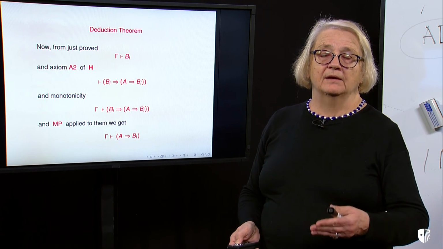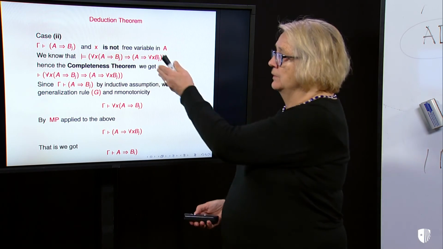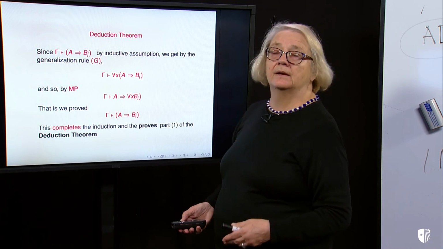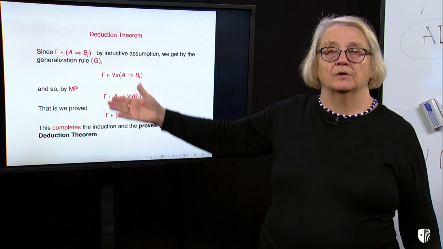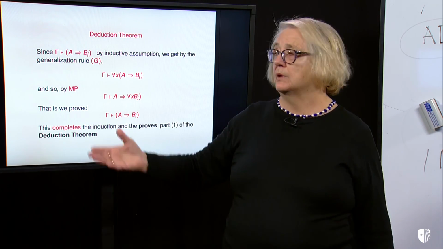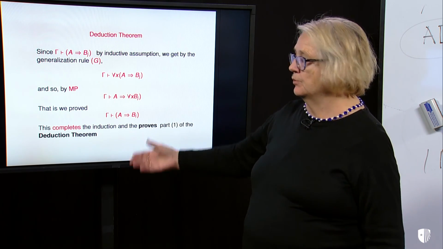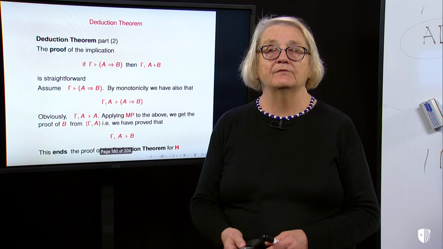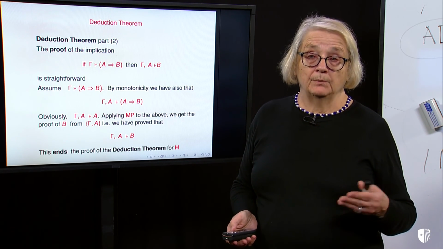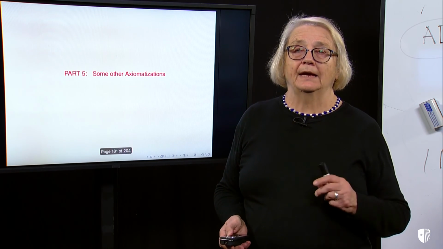I wrote out all those cases carefully, and it shows that with that condition you can finish the proof of the deduction theorem. So we have the deduction theorem, which is very important.